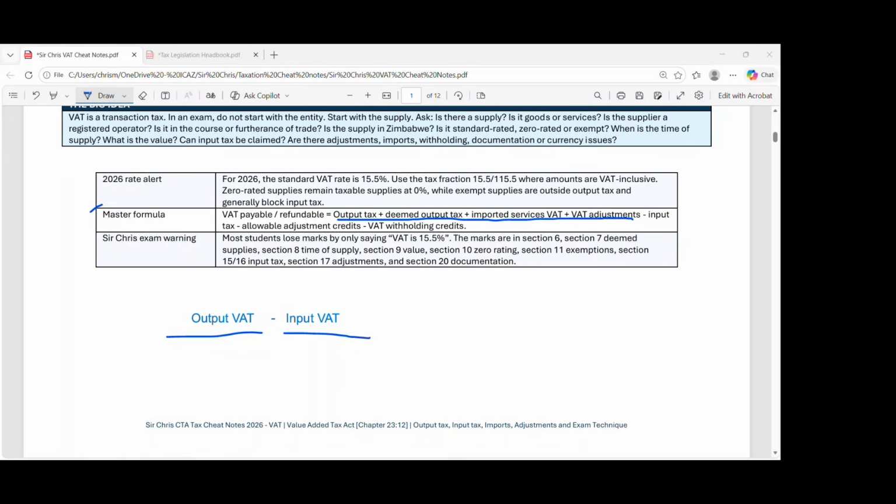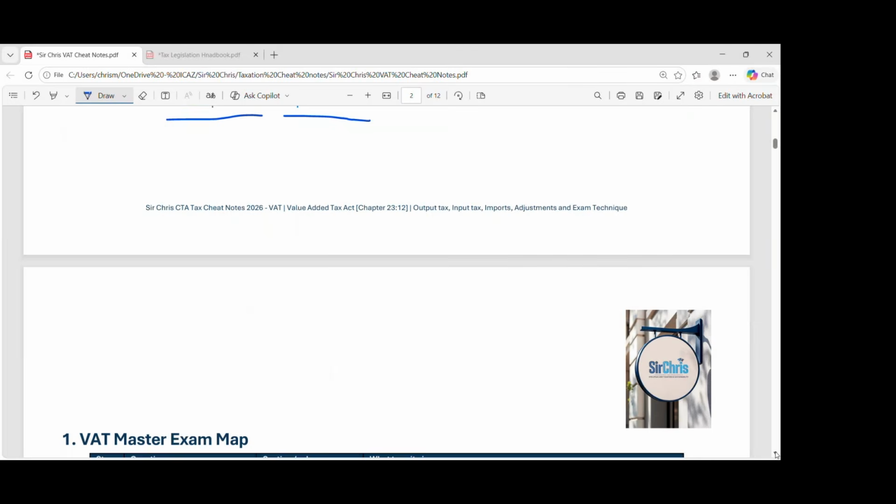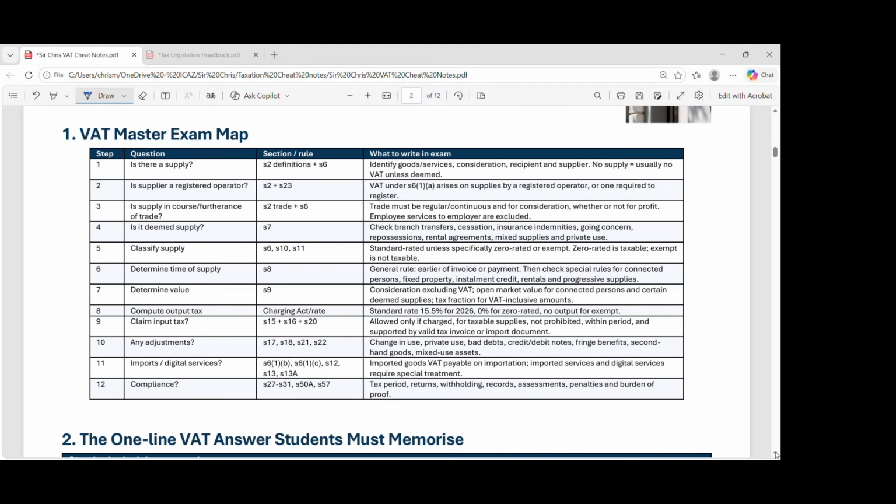So in summary, that's your VAT formula. Within this cheat note, that's what I was dealing with, which is my master map. Is there a supply, which is section 2, dealing with it, you only end up at section 6. So identify goods or services.